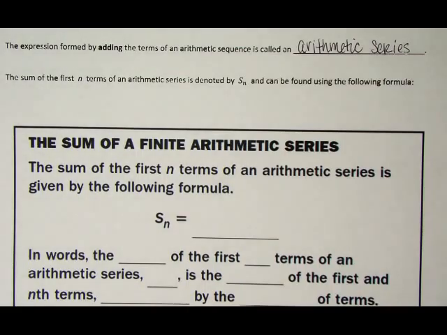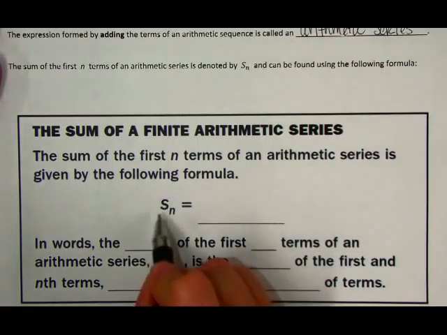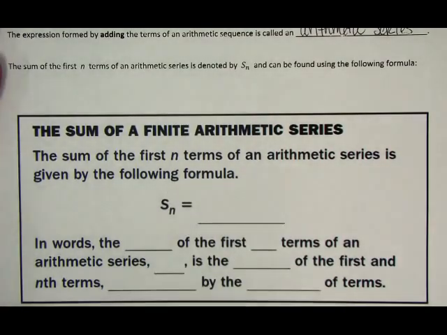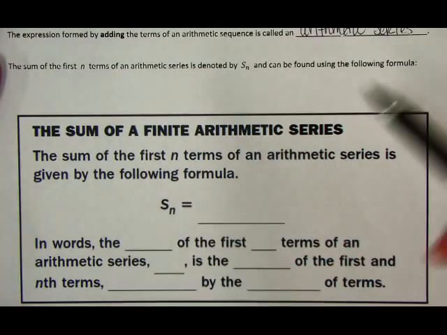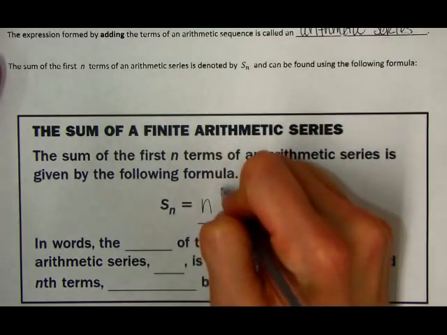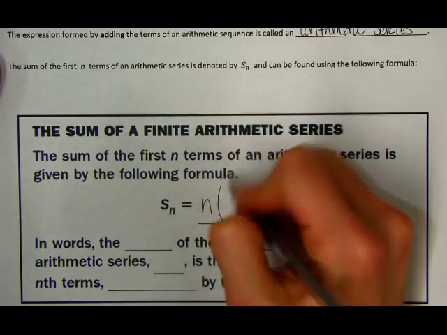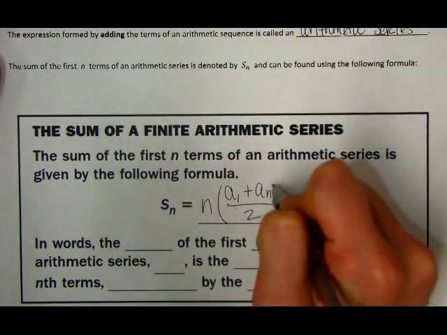So if you're trying to find the sum of a finite arithmetic series, this is what you would use. The formula is S sub n. That's how we notate it, not your rule, because your rule would be A sub n, but S sub n is your series. It's n terms times A sub 1, your first term, plus A sub n, your highest term, divided by 2.